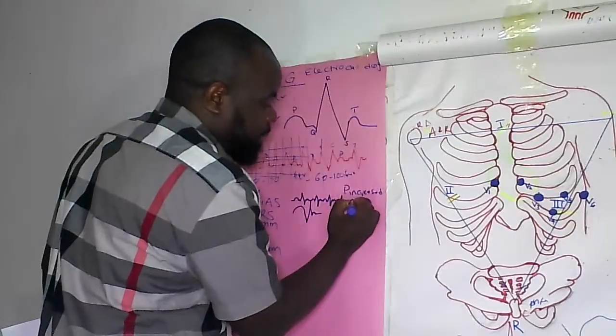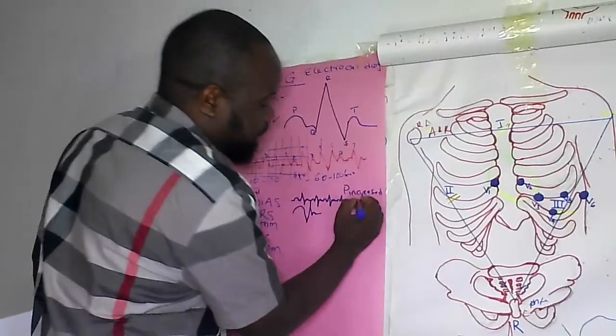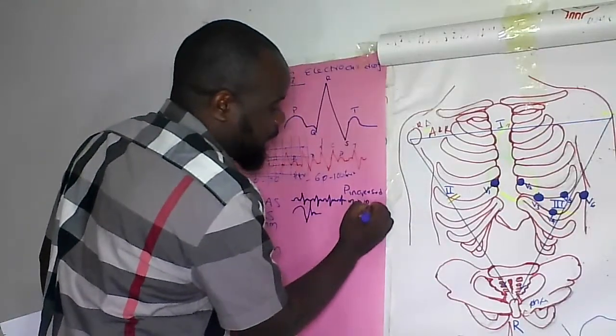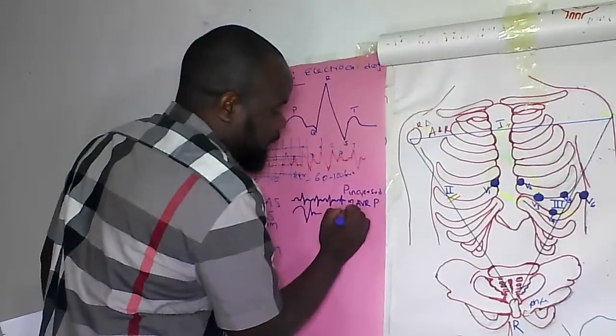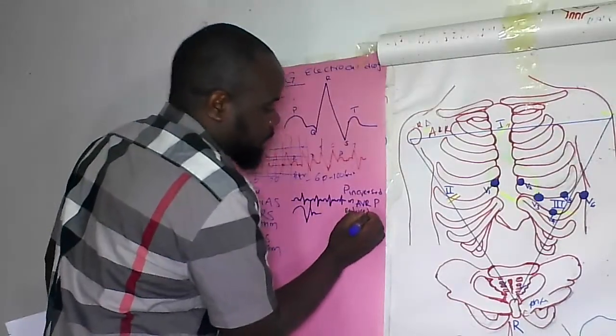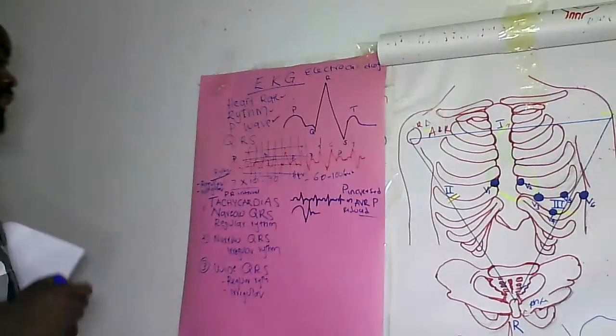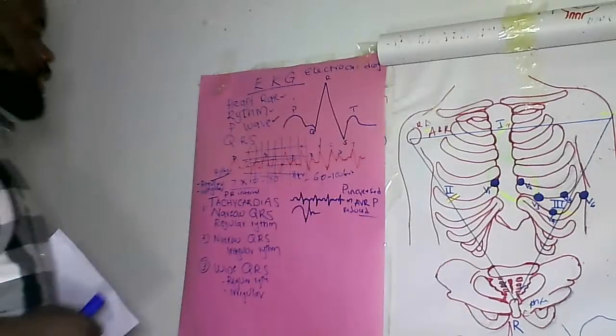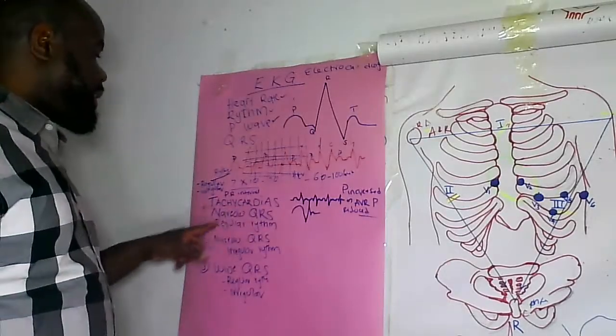In AVR, the P wave is reduced. You definitely know that it is sinus tachycardia.